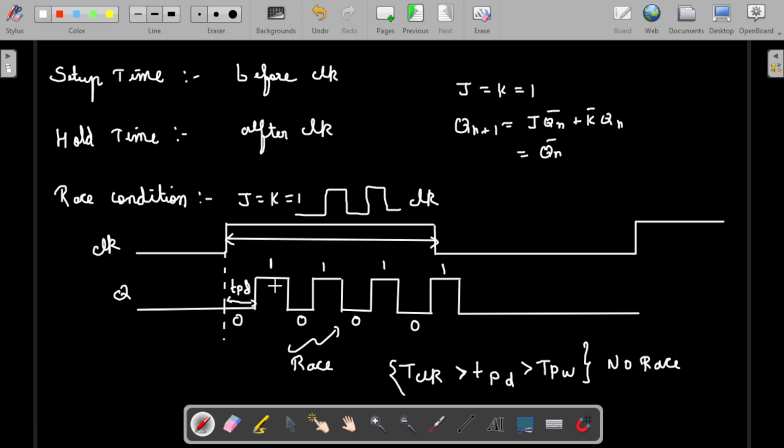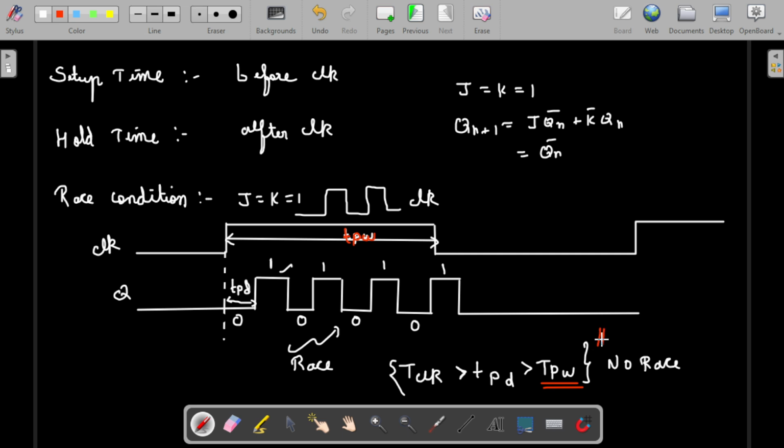Only whenever there is a change, there will be only one output change. So this condition can be avoided. The TPW is the main thing. So the TPW needs to be much smaller. When the TPW duration is very small, this is the pulse width. So when the pulse width is very small, then we can avoid the race condition.